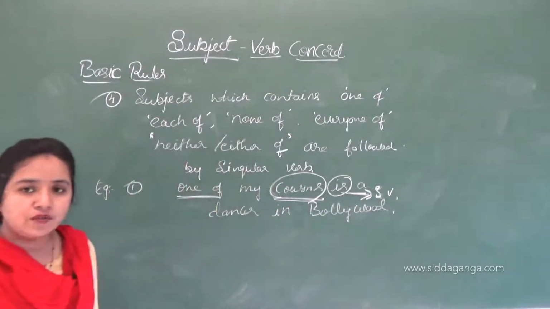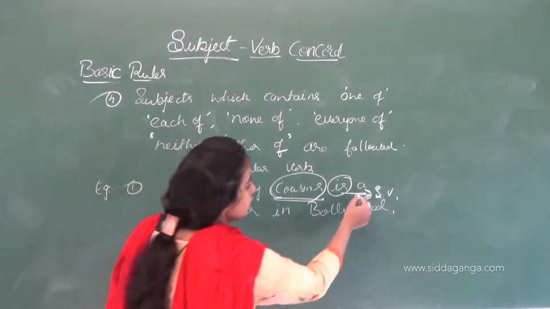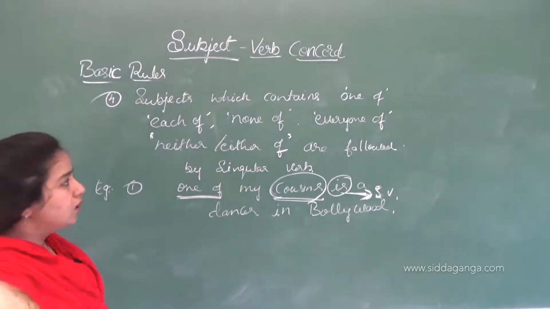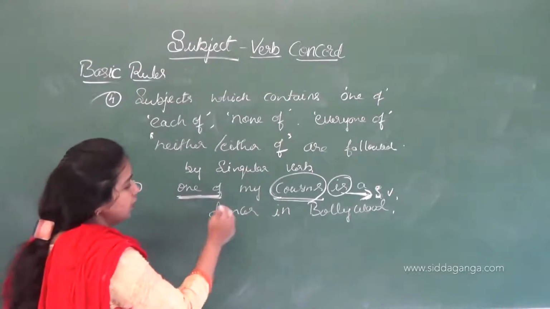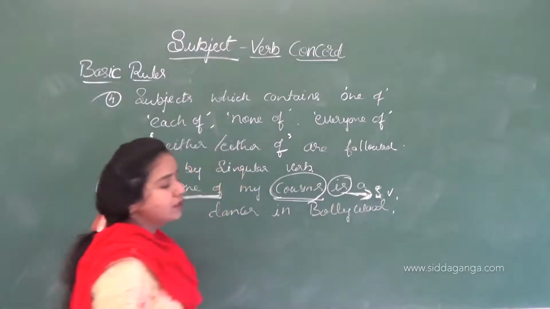The words like one of are followed by the singular verb according to this rule. So when we use a subject like one of, what is the verb? It is a singular verb.